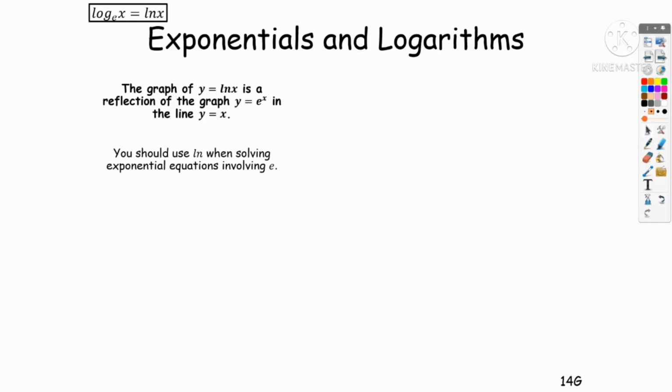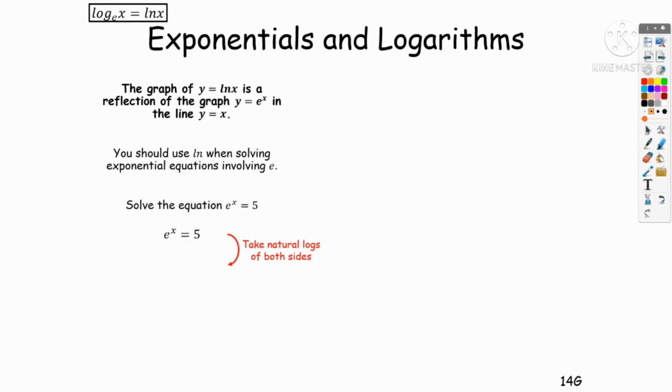So you should use the natural log when solving exponential equations involving e. Now, I've not done exponentials in this playlist just yet, but I will do as soon as I get this one sorted. So, the question is, solve the equation e to the x equals 5.